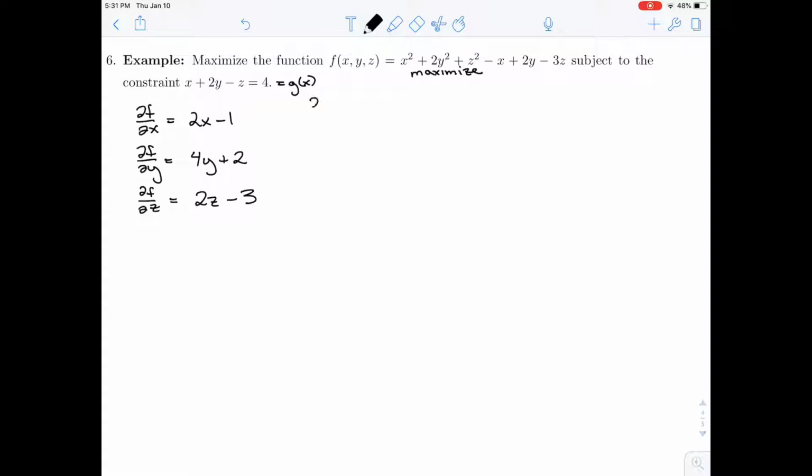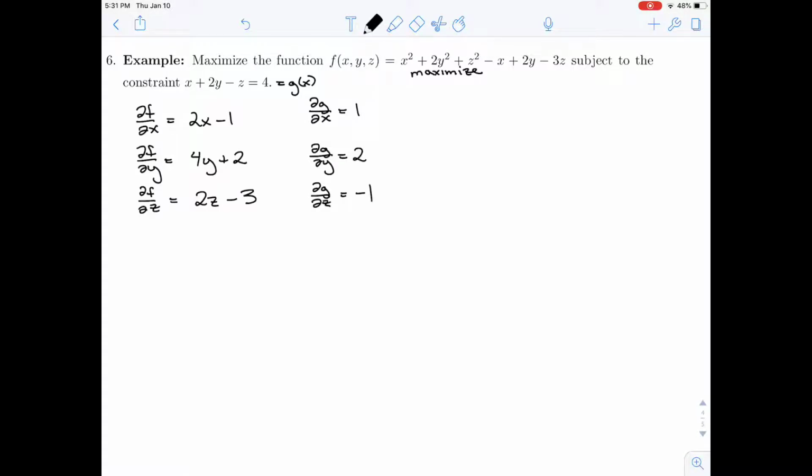We then want to find the partial derivatives of g. So dg dx is 1, dg dy is 2, and dg dz is negative 1.